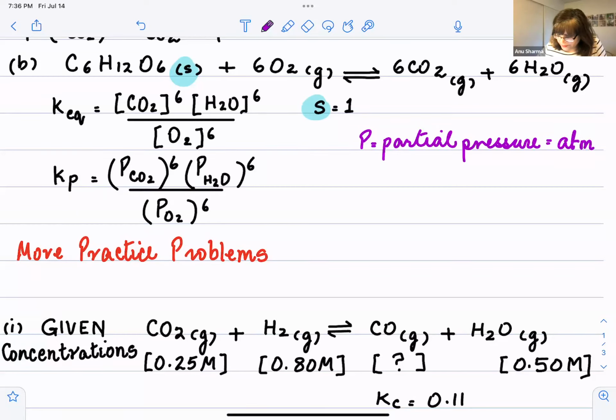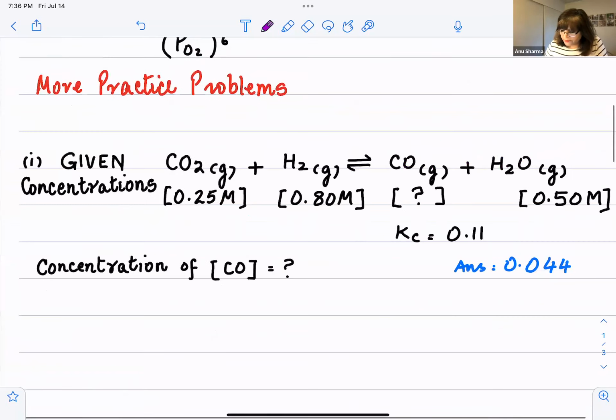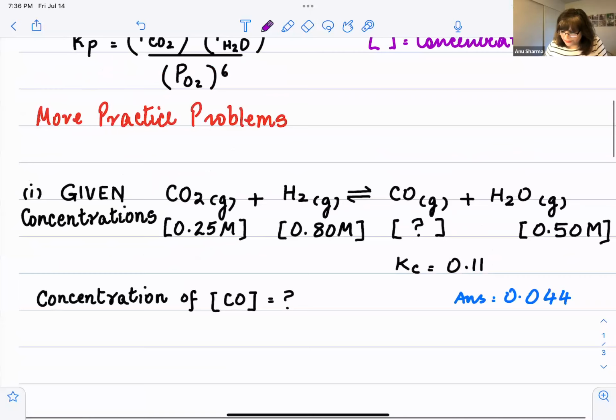But for the one in square brackets, this is concentration, and the concentration is going to be in molarity.